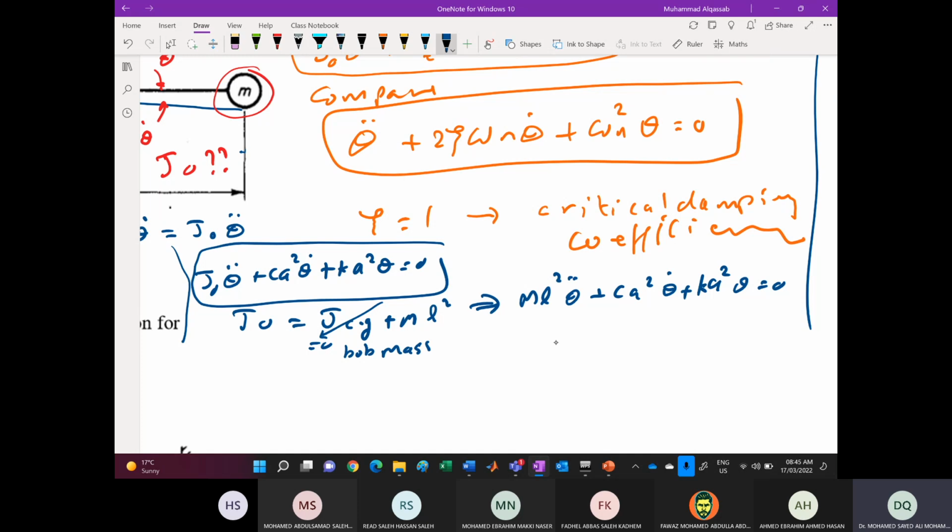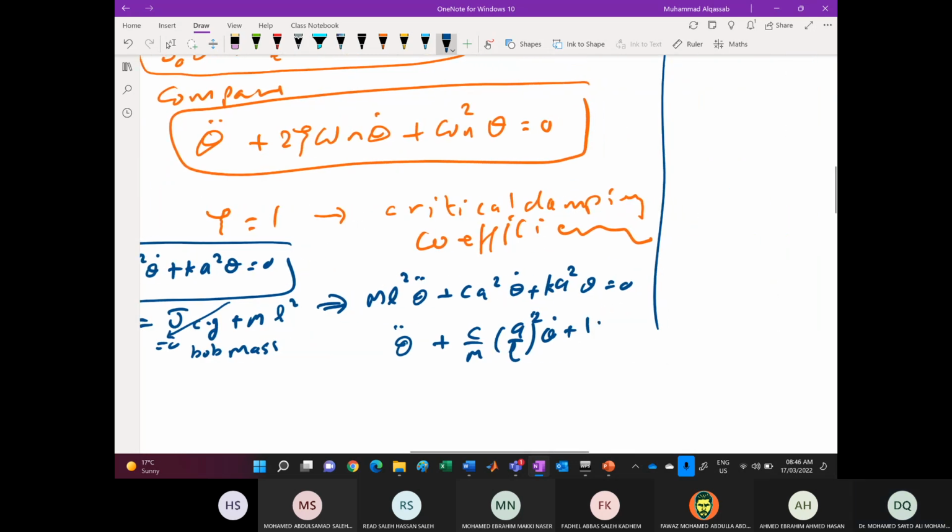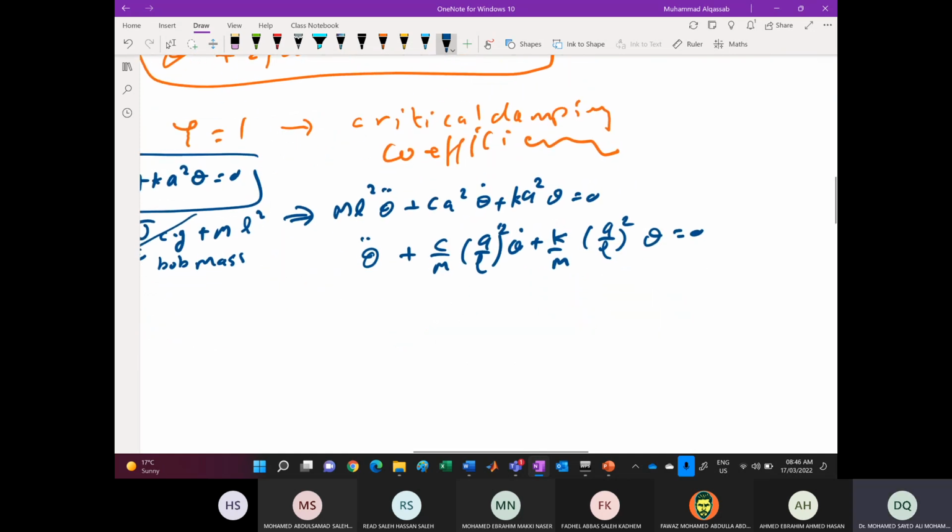Now we divide by M L squared. This will be theta double dot plus C over M times A over L squared theta dot plus K over M times A over L squared theta. So from here, what is omega n? Yeah, the coefficient of theta.